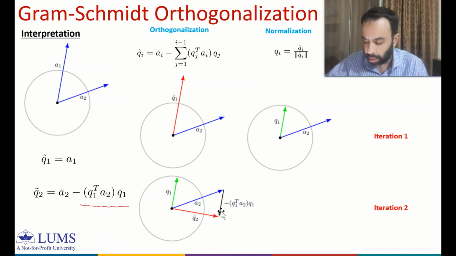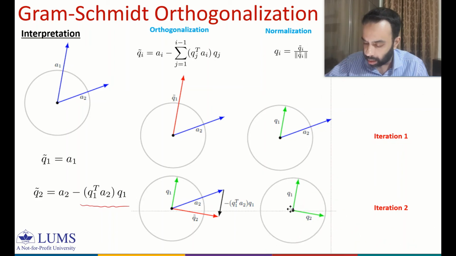Since you have subtracted the component, this black one, Q2 tilde would be perpendicular, or orthogonal, to Q1. And then you simply carry out the normalization step. You scale back this Q2 tilde onto the unit norm radius, and what you get is Q2.